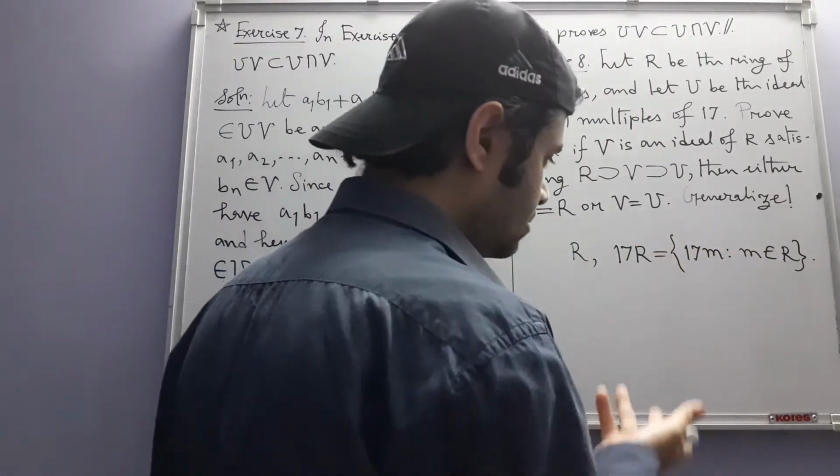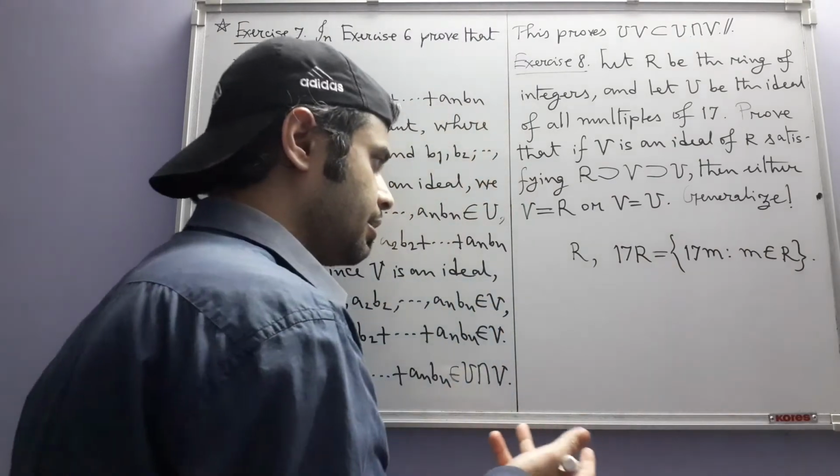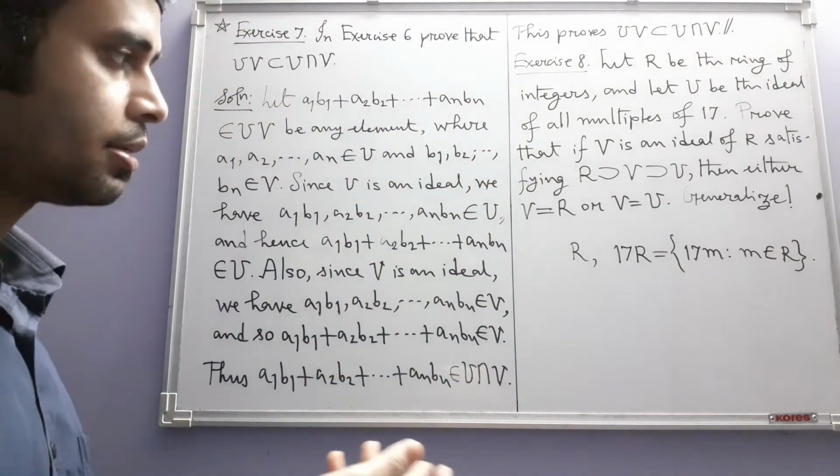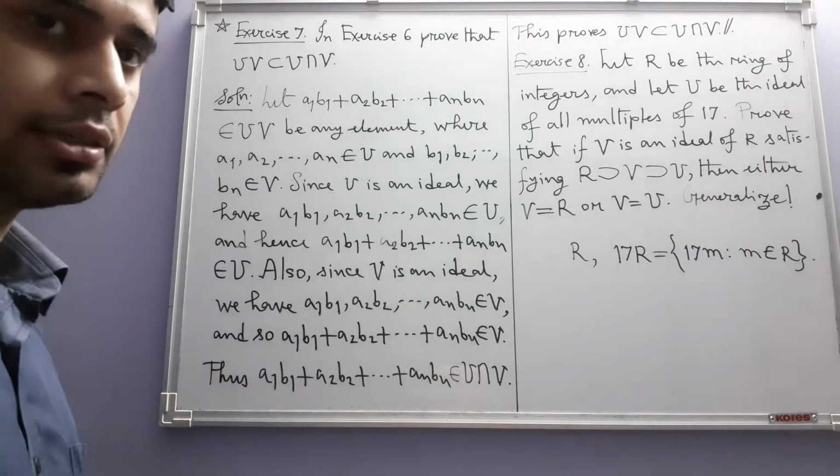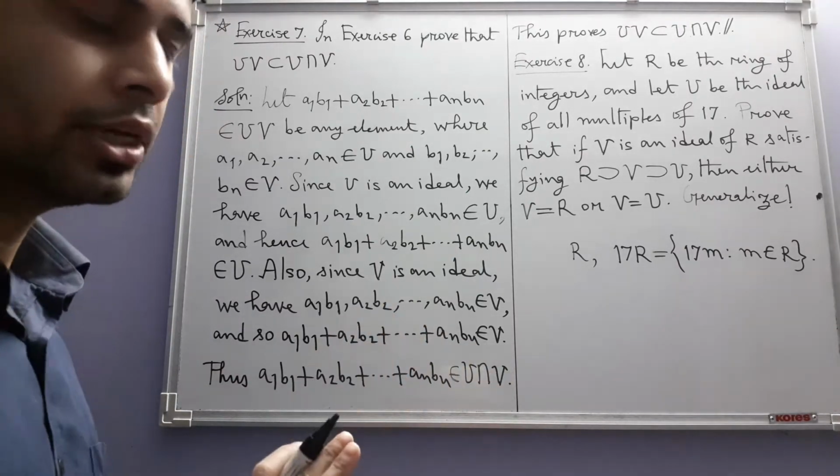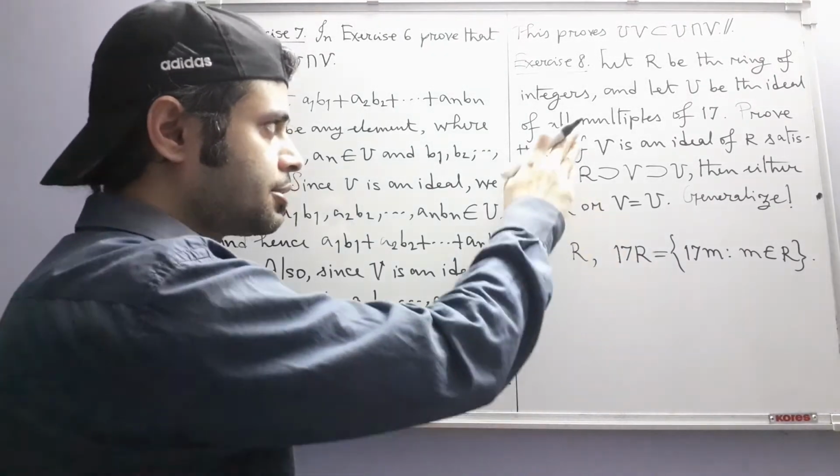Now you can easily check that this is an additive subgroup and it also satisfies the second condition for an ideal. So I am not going to do that. That is also not something that has been asked here.